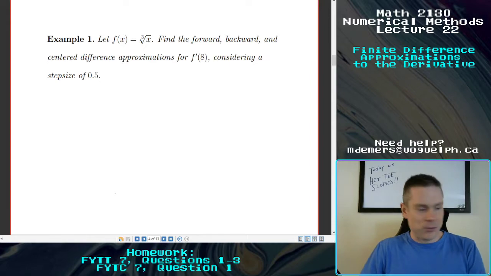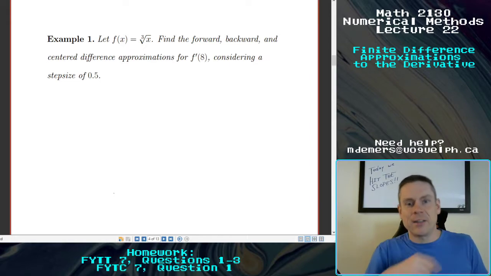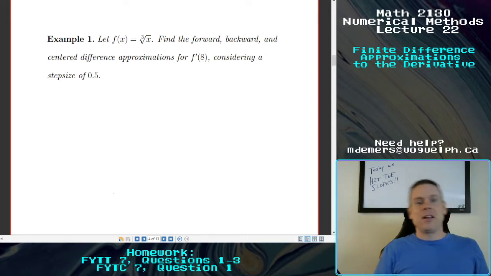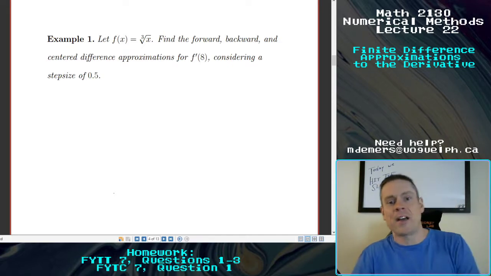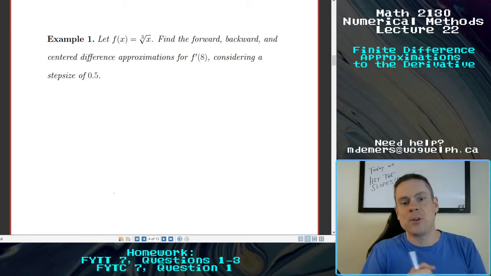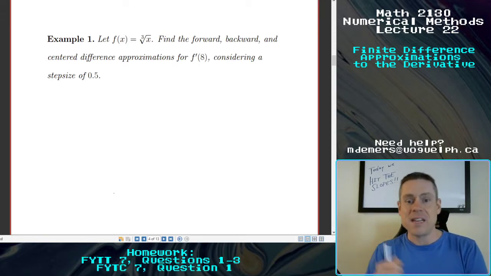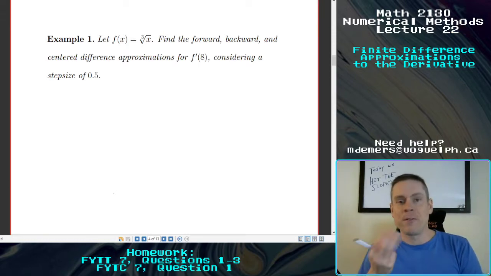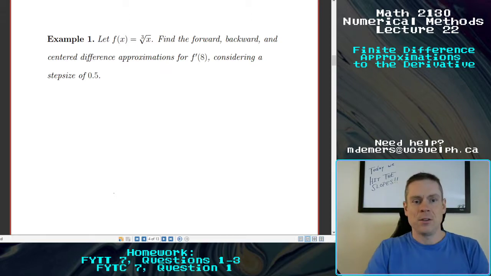So 2 examples to get through, and I've done some of the calculations off to the side. We have: let f of x equal the cube root of x. We want to find forward, backward, and centered difference approximations for f prime of 8, considering a step size of 0.5. Okay, so a couple things. h equals 0.5.